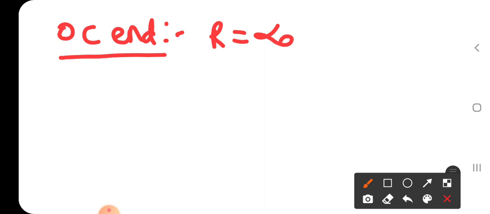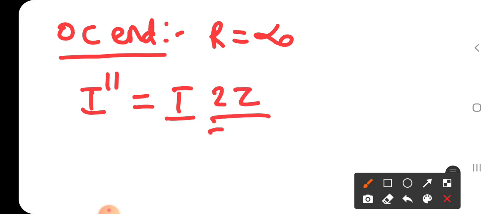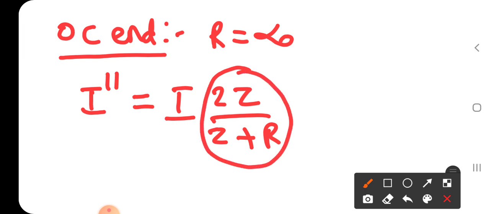So the first one is, what is the coefficient of refracted current? I double dash is equal to, what is the equation? I into 2Z by Z plus R. Thus this is called the coefficient of refracted current. So what is this value?